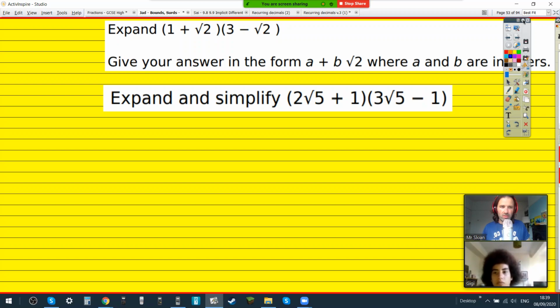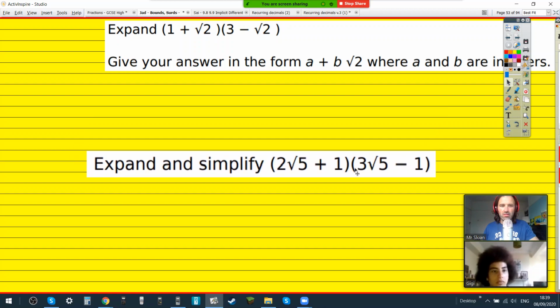Okay, exam questions. Let's try these two. Okay, we'll do both of them. 1 plus root 2. 1 times 3 would be 3. 1 times minus root 2 would be minus root 2. 3 minus root 2.